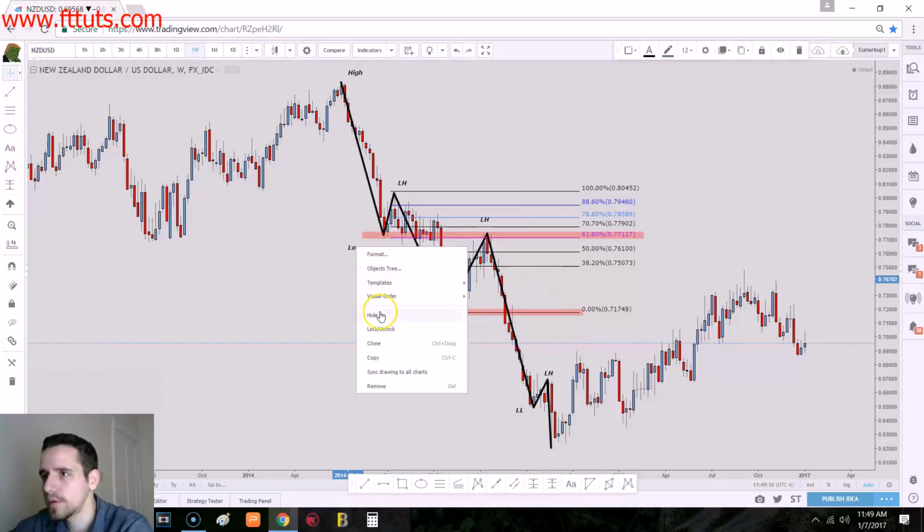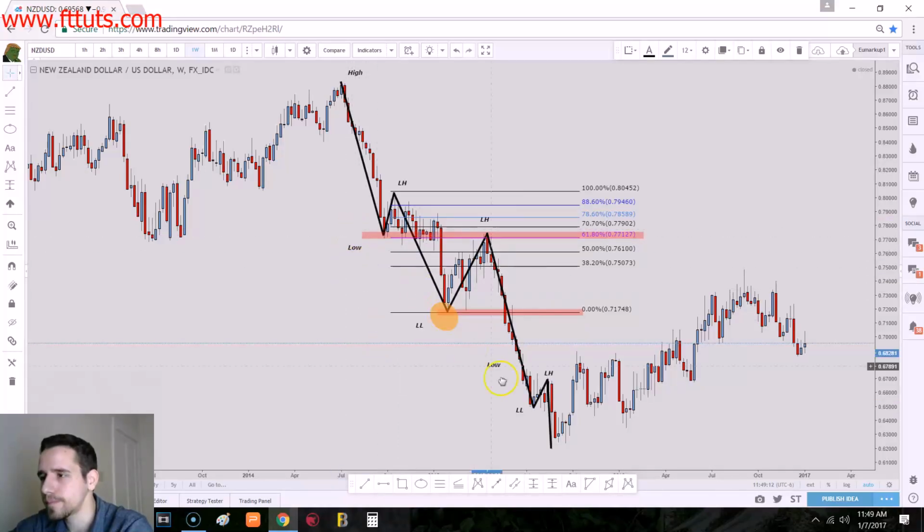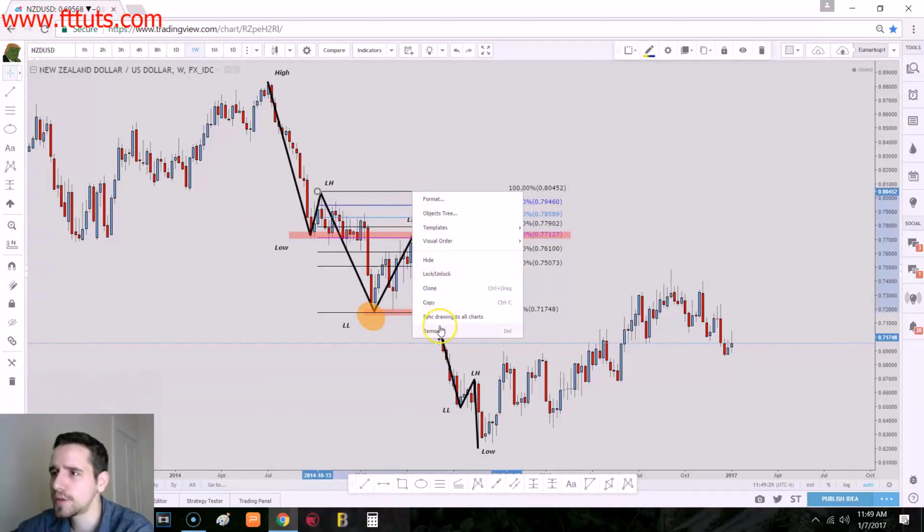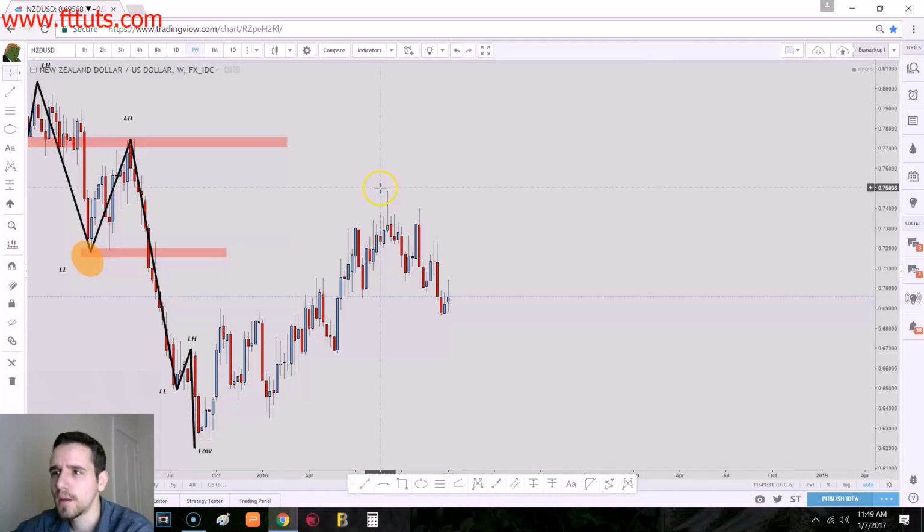So I'll copy this one. So that's the low, and it looks like market's going up. Okay, so I hope you guys understand market structure. Let me actually get into Fibonacci. So once you understand market structure, then you can actually start doing your Fibonacci properly, obviously.